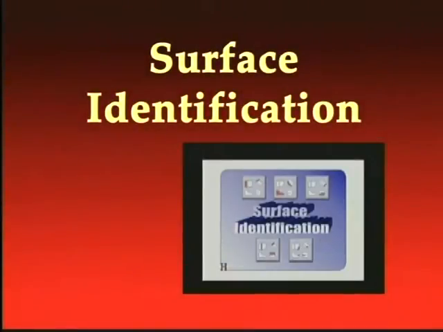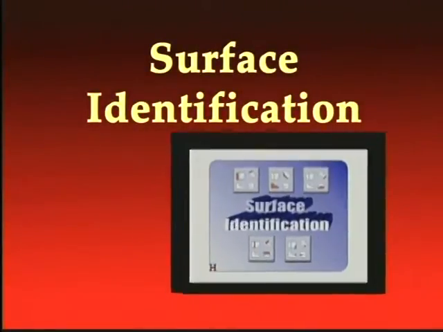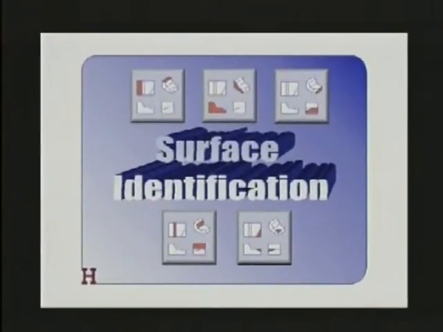One technique that we instructors of engineering drawing have developed over the years to help students build their three-dimensional visualization skills is surface identification. It is important that you be able to identify the names of the different types of surfaces and that you be able to identify those surfaces in every different orthographic view.